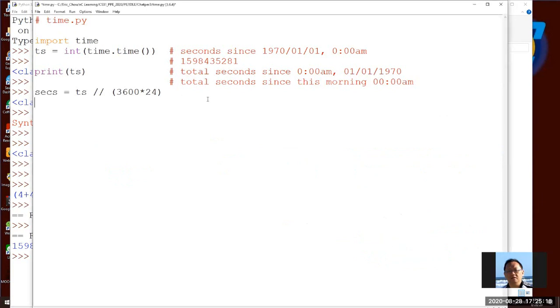And then I'm going to do hour, the current hour. How many hours have passed since this morning will be the total number of seconds divided by this number of seconds, right? So say since this morning I have this many seconds, right?